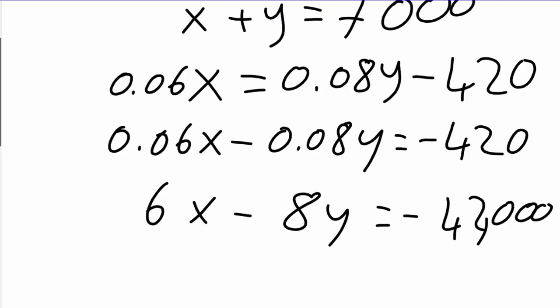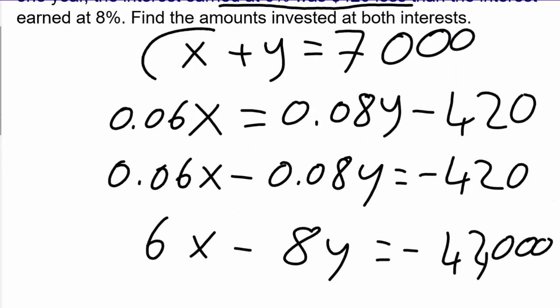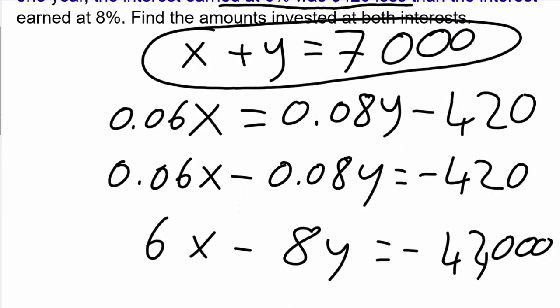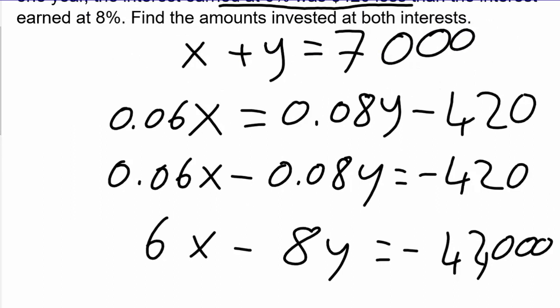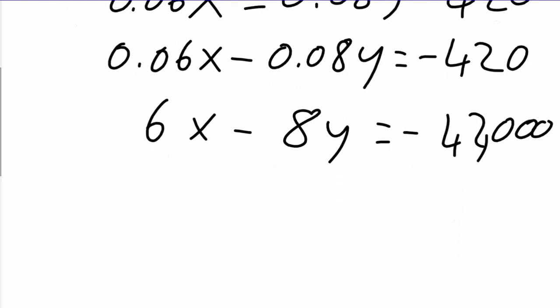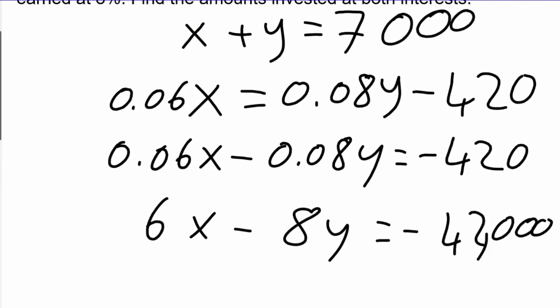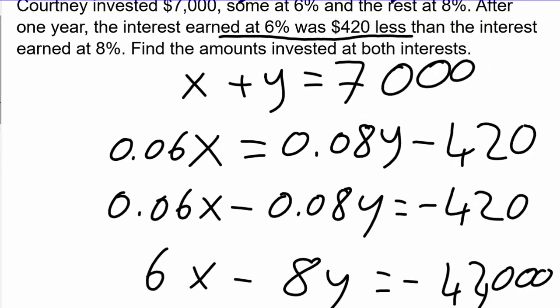And this is the first equation, and I'm gonna decide which one to eliminate, and I like to deal with small numbers, so I'm gonna eliminate x. We've been eliminating y, but this time I'm gonna eliminate x. So I'm gonna multiply everything in the first equation with negative 6.